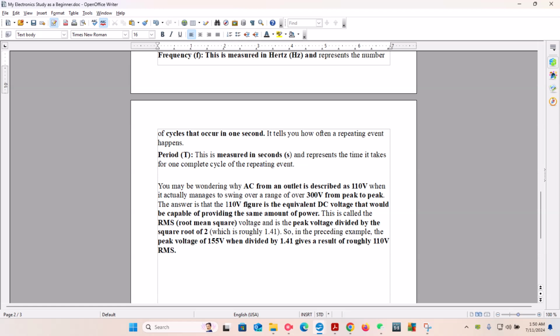The square root of 2 is about 1.41. So in the preceding example, the peak voltage is 155 volts. When divided by 1.41, it results in roughly 110 volts RMS. Remember, RMS is root mean square. This is a lesser known concept, but this is how they calculate it, so it's interesting to know.